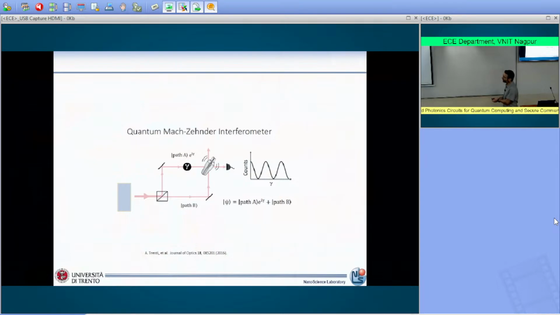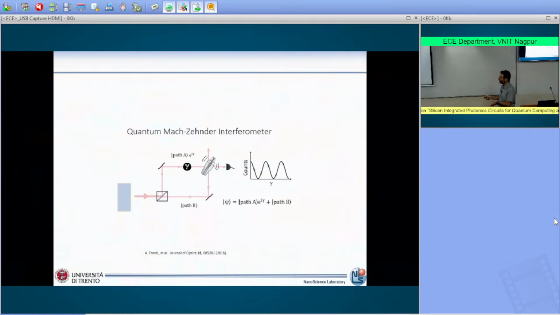And so now the wave function of the photon results from the superposition of the photon that moved there and the photon that moved there. But we still have one single photon, not two photons. So this is a superposition between the probability of having the photon in this path here plus the probability of having the photon in that path there.